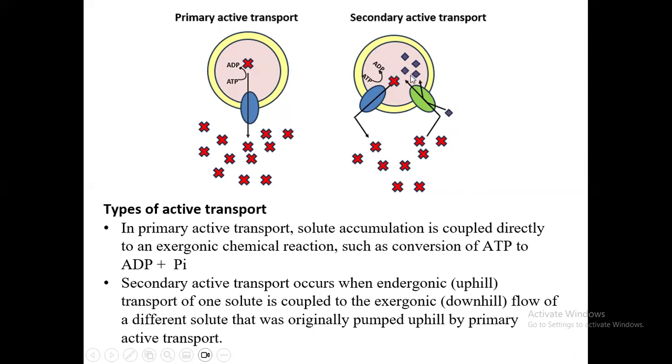So in secondary active transport, first we have the transport of one metabolite that is going to create an electrochemical gradient, and that gradient is utilized for transporting the second metabolite across the membrane. This type of transport is known as secondary active transport.